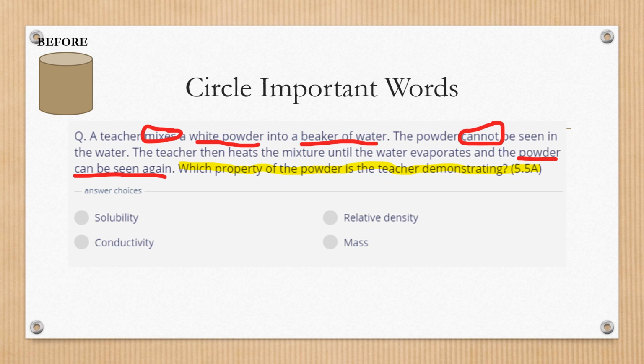So it's a glass of water with the powder that we don't see. So just water. The after. In the after picture, I'm going to draw a beaker with just the powder. Because based on my question, it says, the teacher then heats the mixture until the water evaporates and the powder can be seen again.